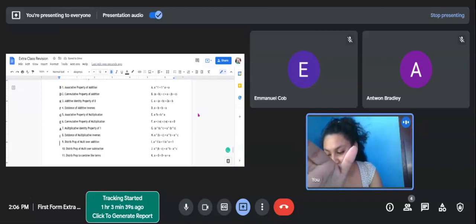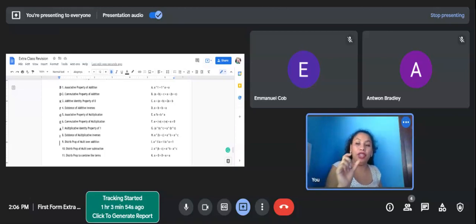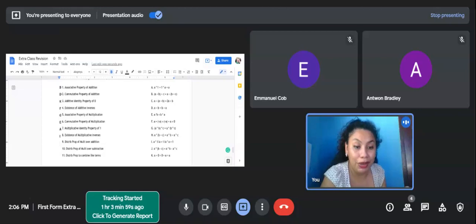Now, the last three talk about the distributive property. The distributive property of multiplication over addition. So now what does that mean is that I have something on the outside, I'm going to times it by something in brackets, but what is in brackets has to be added.